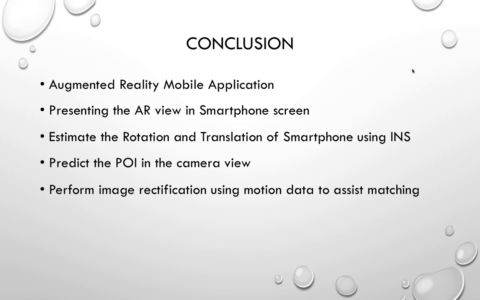We also predict the POI in the camera view and perform image matching for the predicted POI. We also perform image rectification using the motion data before performing image matching. This assists the matching, and we can get more matching results. That's all. Thank you.